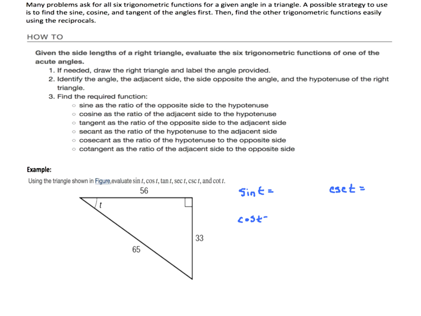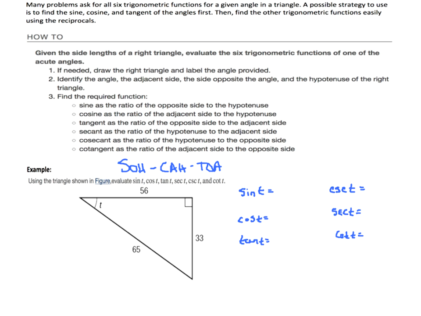And then I have the cosine of t, which is reciprocal to the secant of t, and then the tangent of t is reciprocal to the cotangent of t. So I always set my 6 trig functions up like this. And I'll usually write this at the top of my page too, just as an extra reminder.